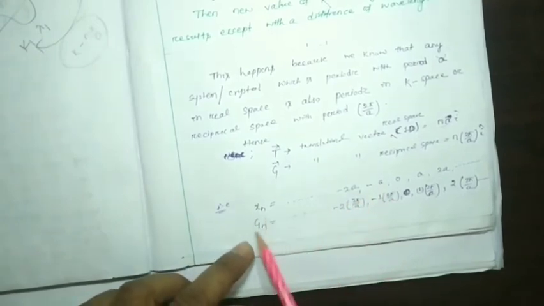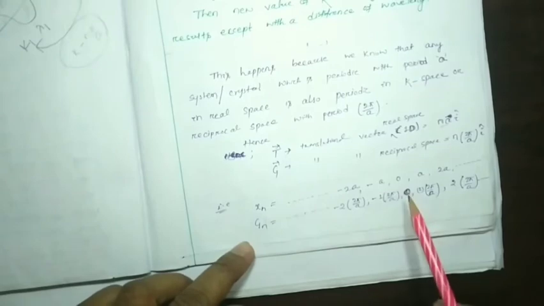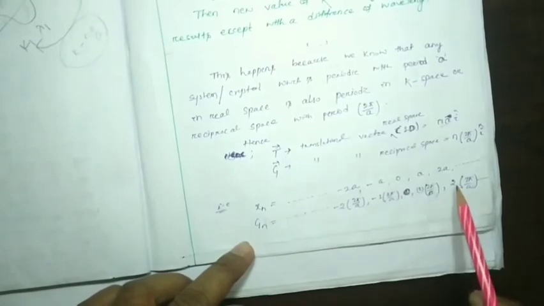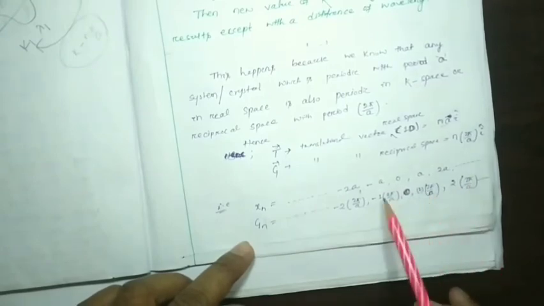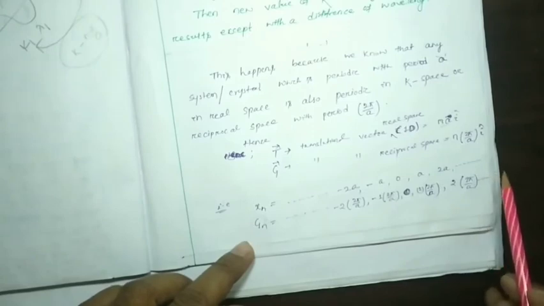And G n in the reciprocal lattice will be 0, 2 pi by a, 2 into 2 pi by a, 3 into 2 pi by a, 4 into 2 pi by a, like that. That means lattice points in the reciprocal lattice are found repeatedly with the distance 2 pi by a. Okay, that I have also discussed.